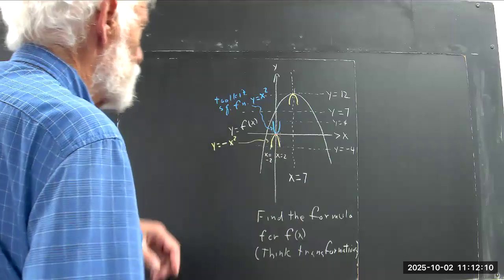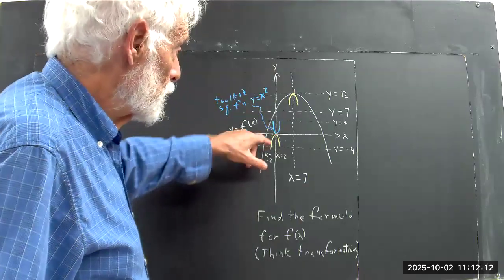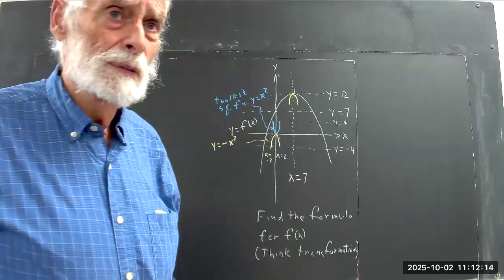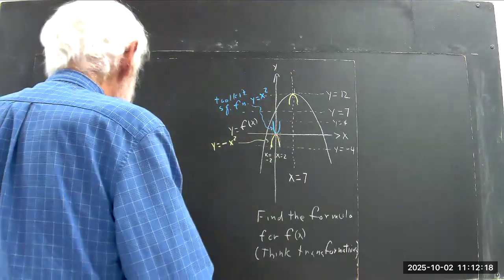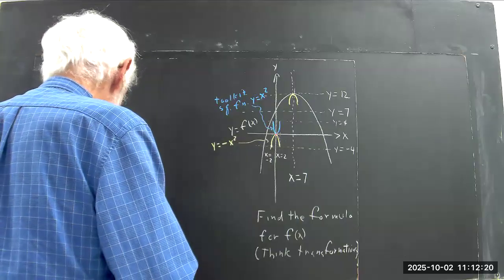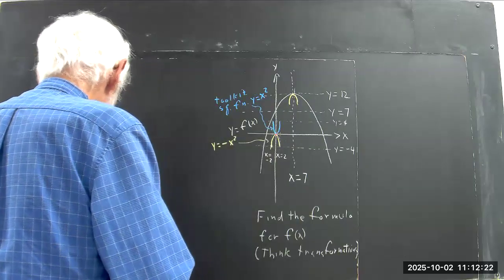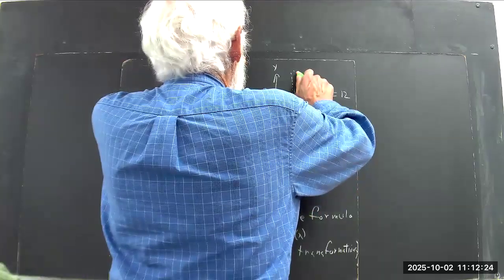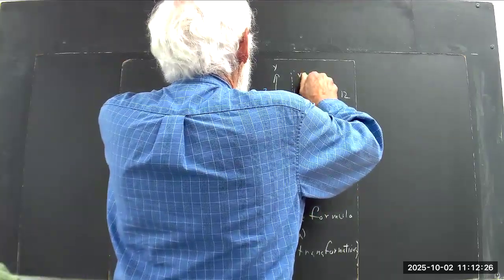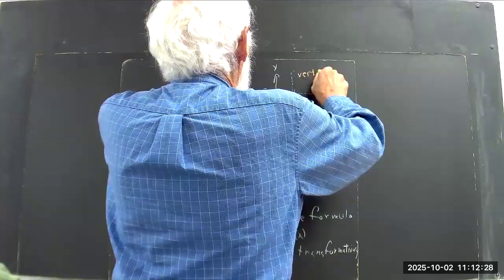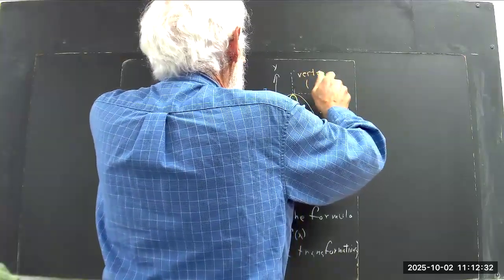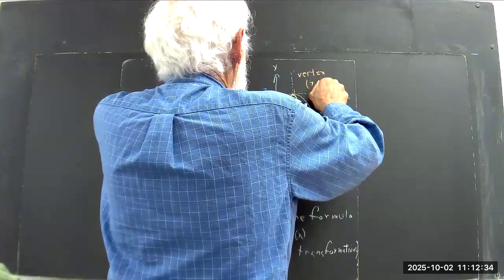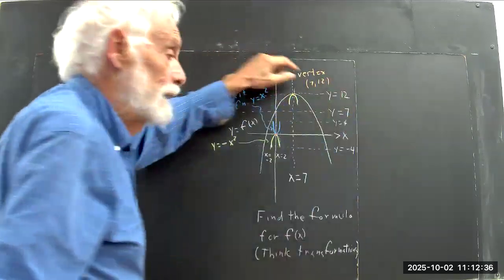Okay, so, got the answer. Well, I know what the point would be, but I don't know what that does to the equation, okay? Well, this point is, first of all, the vertex. And I think you know that that's the point that's called the vertex.